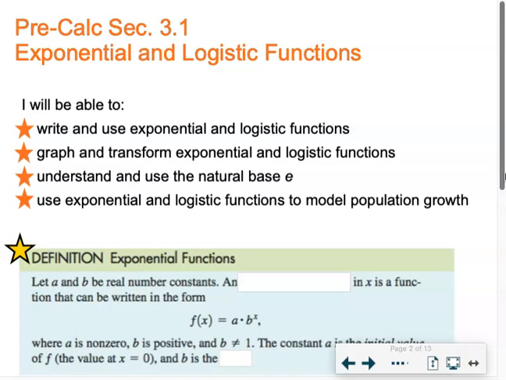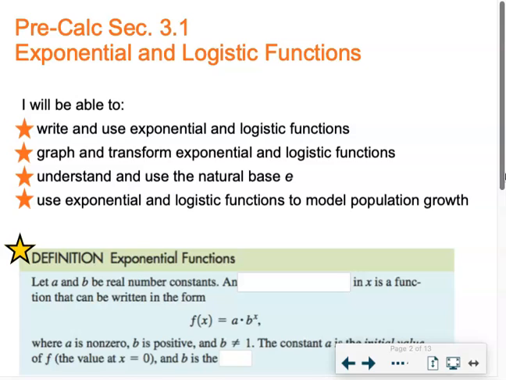And it was one of those sections that we originally thought we could complete in 2 days, but it's taken 3. So this is another one where we only have 2 assignments, but you'll just have to do the assignments until you get the feeling like, hey, I don't think we've covered that yet, and then kind of cut off from there. So our goal today, we definitely want to be able to write and use exponential functions.